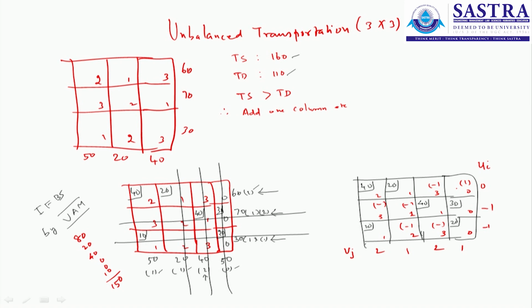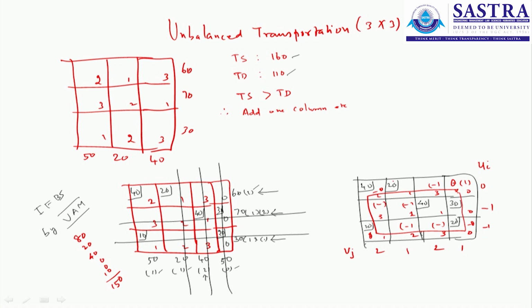Now, we have to start the loop from 1 comma 4. If I can turn here, then I cannot turn there. So, the only possibility is I have to come here, then go there, then come here, then come here, right. If you keep this as theta, this will be minus theta, this will be theta, this will be minus theta, right.